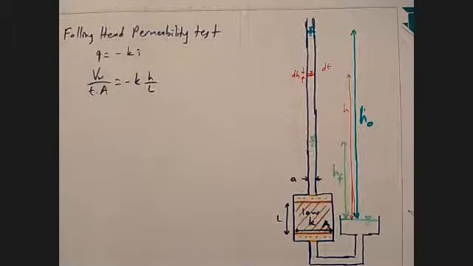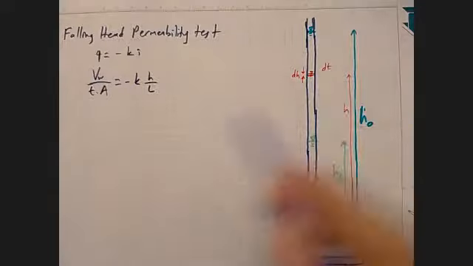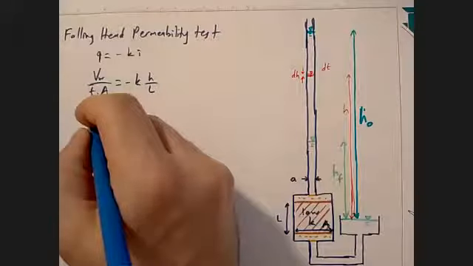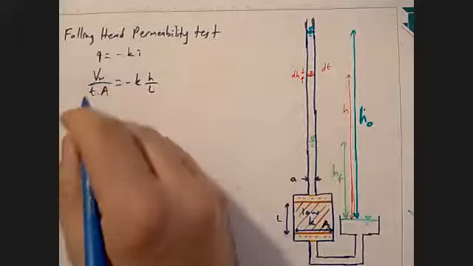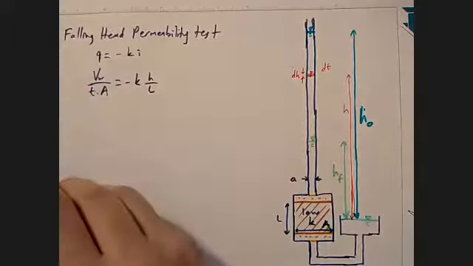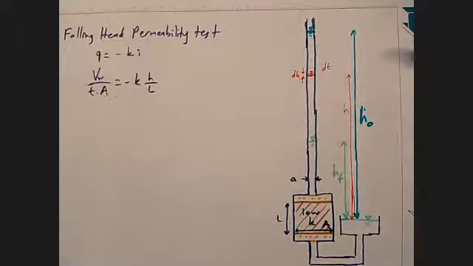So if you consider that little time increment, now your volume becomes dH times small a.